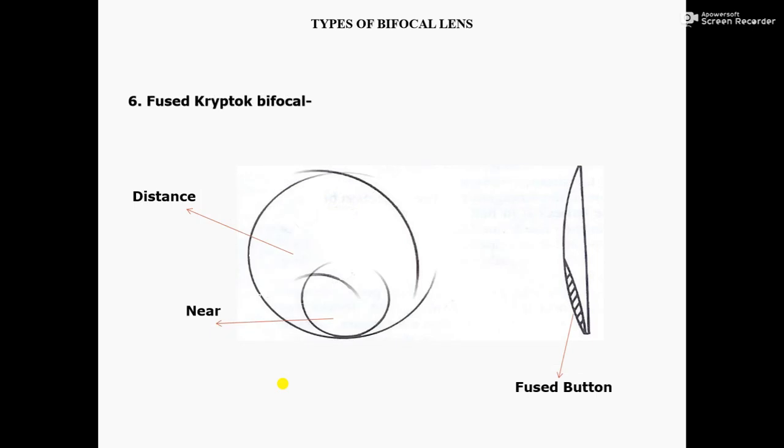Next, fused cryptic bifocal. Here in the manufacturing process, a round countersink cavity was ground and polished on the front surface of the major lens, and the back surface of the round flint button was ground and polished to a curvature of radius only slightly less than the countersink curve.